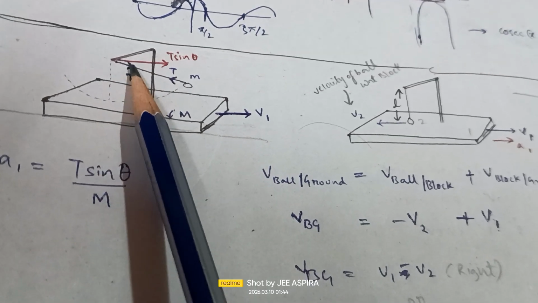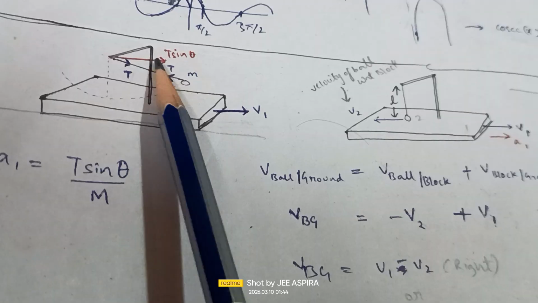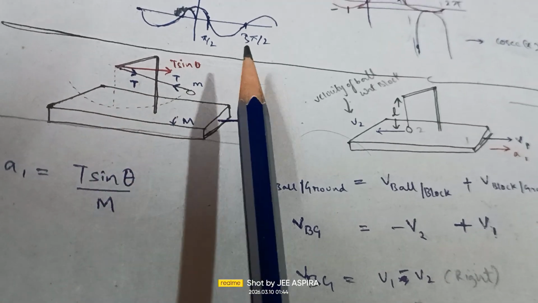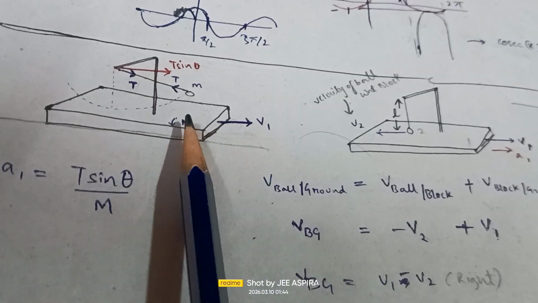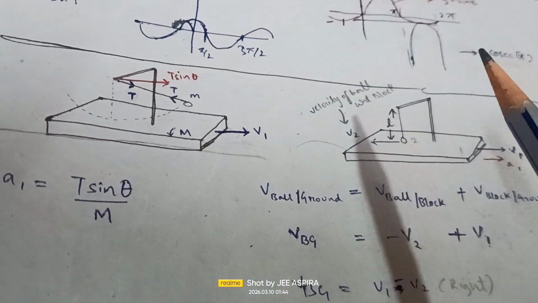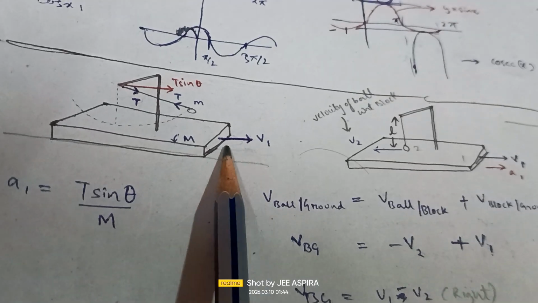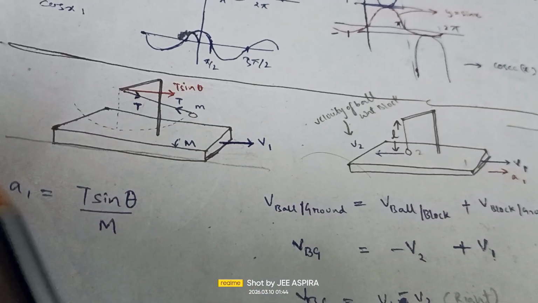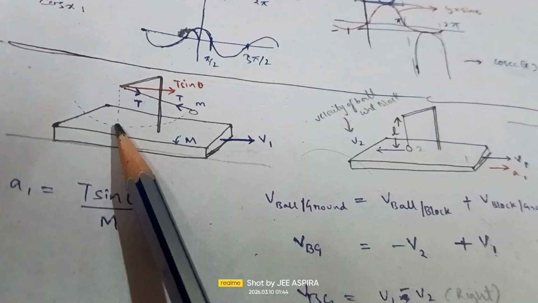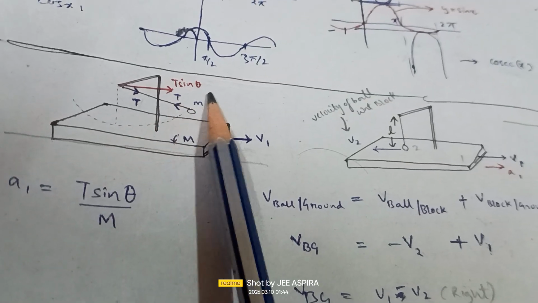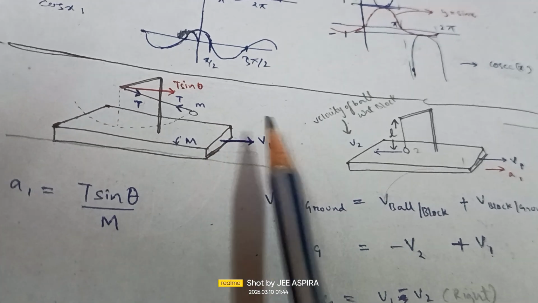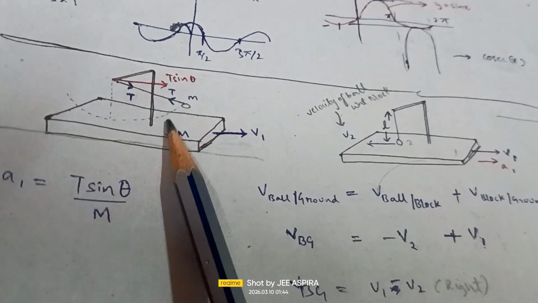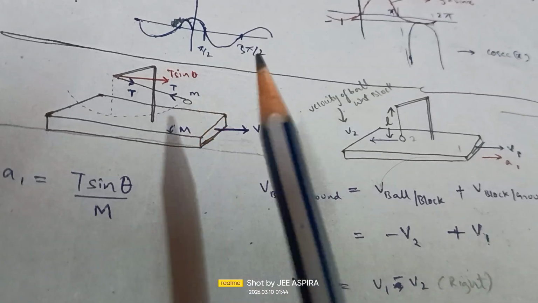Let's say this angle is theta, so this T sine theta component will make the block move to the right, as the small mass is released.